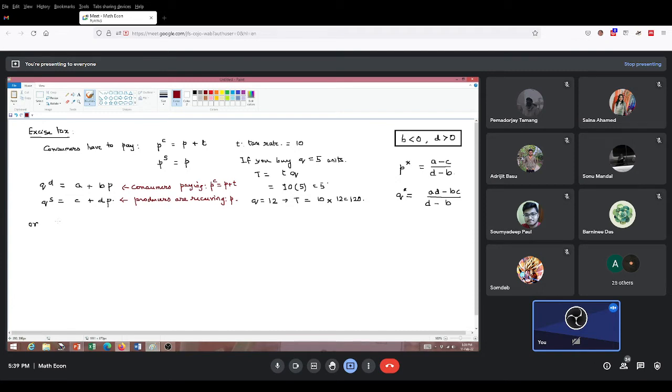So what we can do is substitute P plus t over here. So QD is equal to A plus B times P plus t. Okay. QS is the same as before. And now if you solve for P star, what do we get?